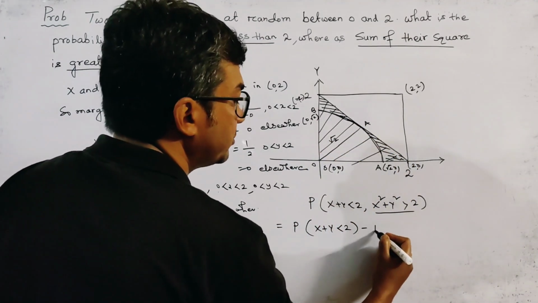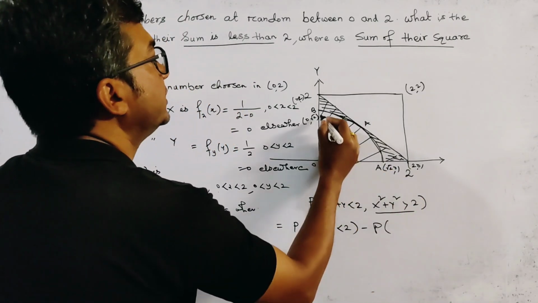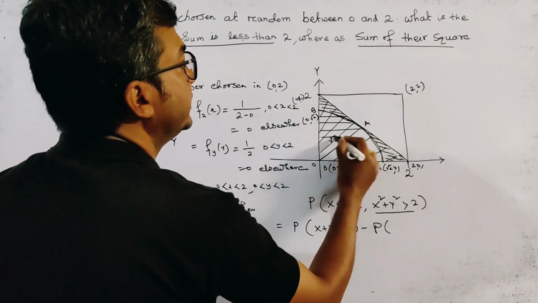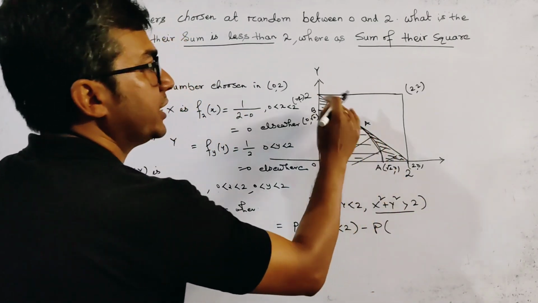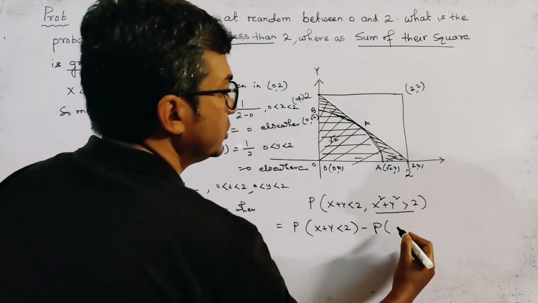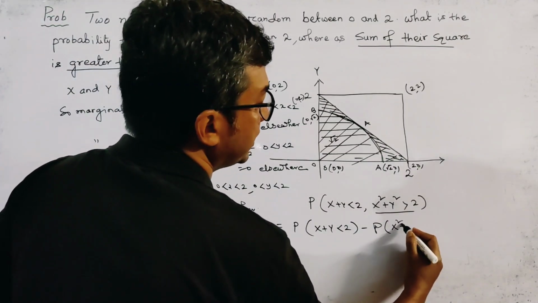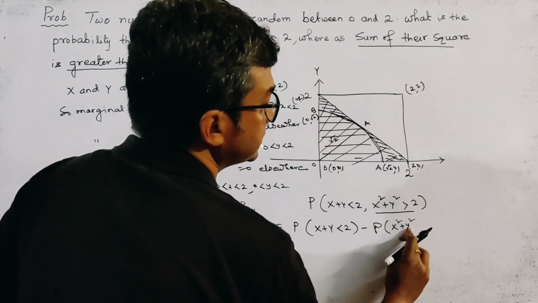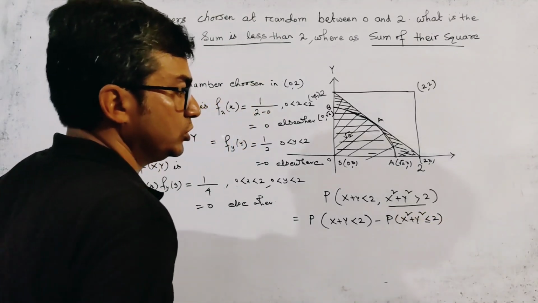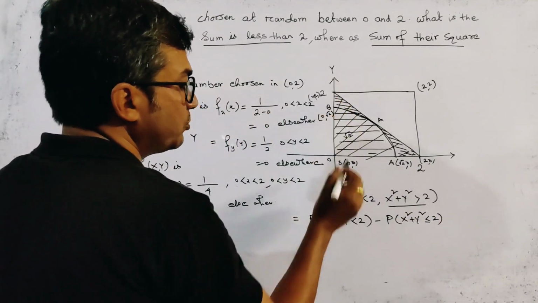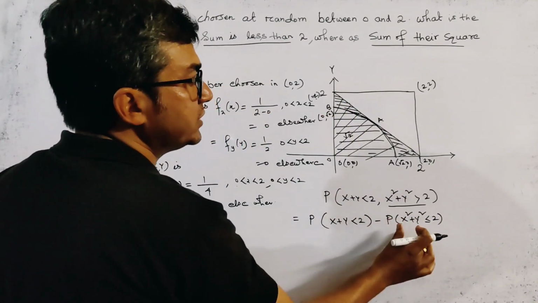Now we subtract the probability of this region, x squared plus y squared less than or equal to 2, and then we get the probability of our required region.